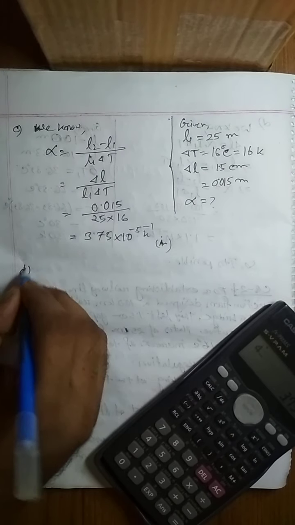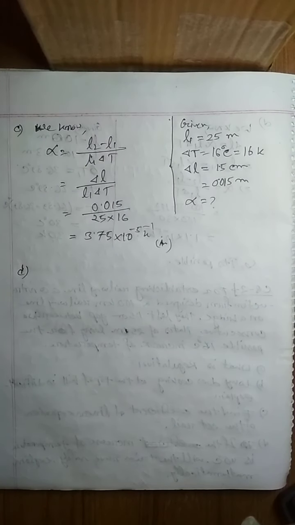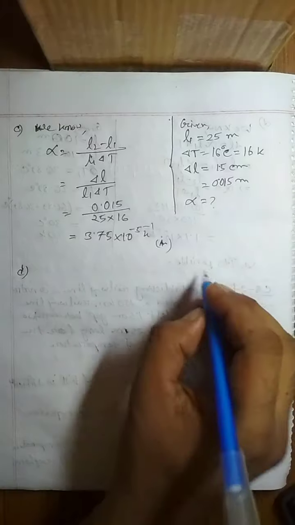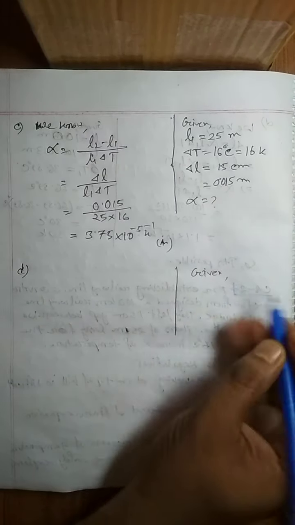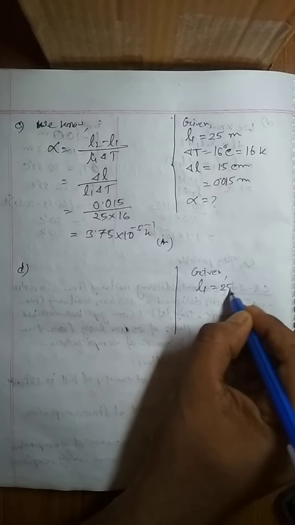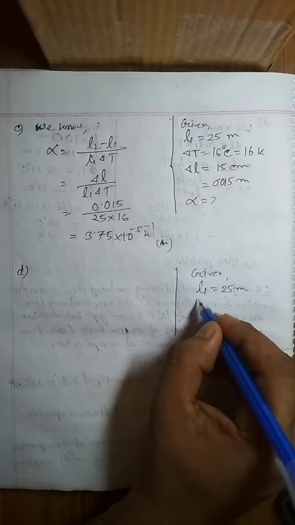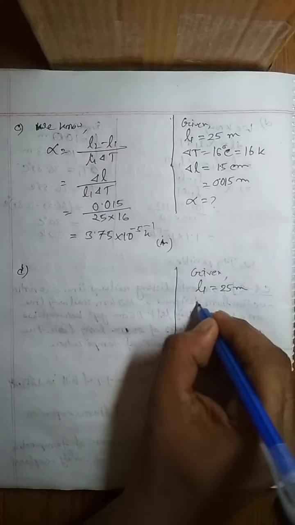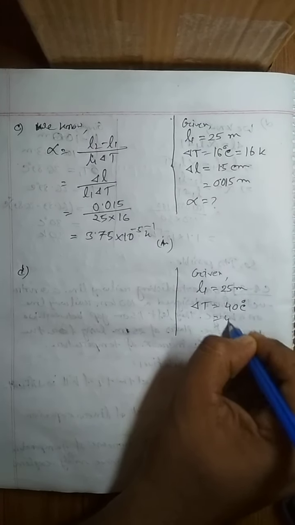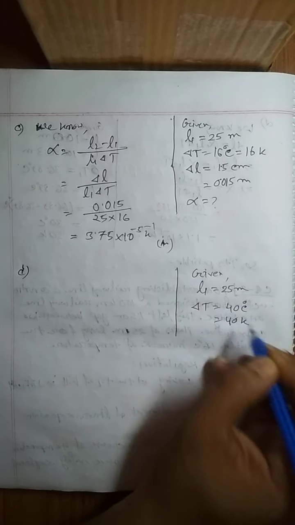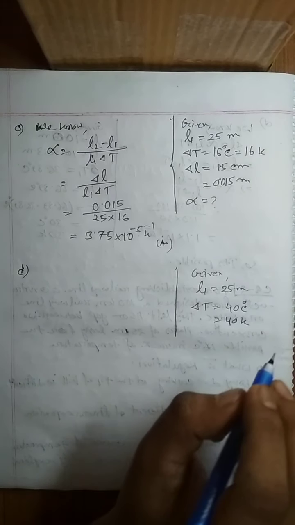And the answer for D. Is it possible? Will it remain safe? So here the same issue is given. Most of the given are the same, 25 meter. The del T is changed, 40 degrees Celsius equal to 40 Kelvin. Please try to remember it very clearly.